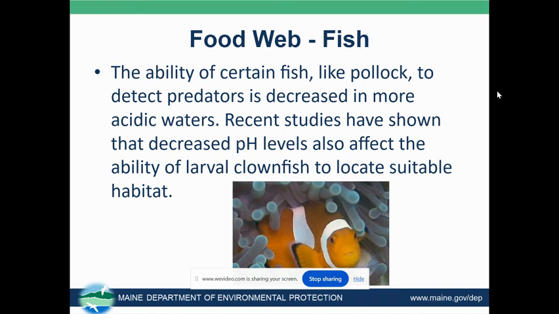And then the example they're giving here is that those clownfish, kind of like the Nemo type fish who hide in anemones, they have to figure out what is the right place to hide, right? Which type of anemone in the coral is the best place to hide. If they're not able to find those, through their detection organs, their electrical and smell organs, then they can't hide, and predators can then get them.